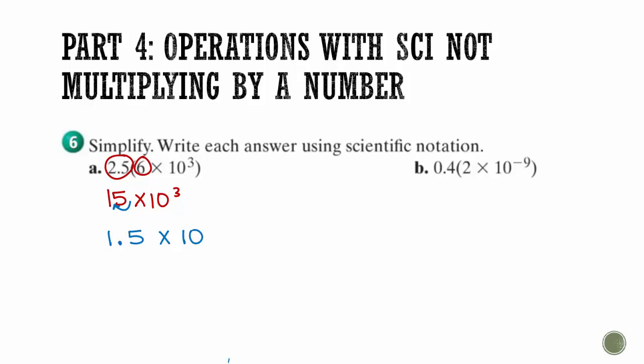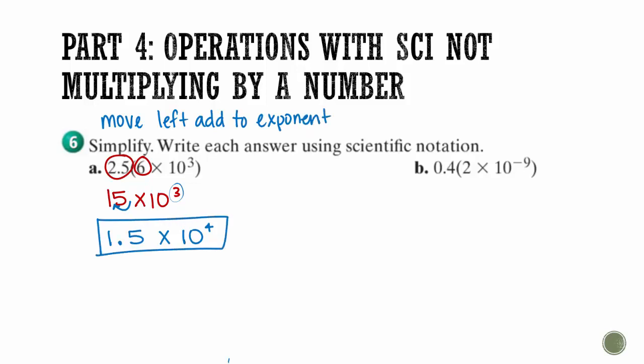And in order to get this to the number I want, which had 3 here, I now have to multiply by 10 4 times to get to the number that I want. So when you think about it, when you move left, you add to your exponent. This is the answer in scientific notation.